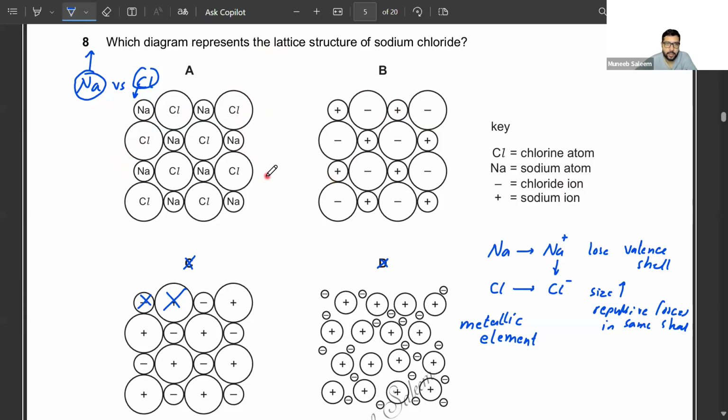So in both ways, A is incorrect because they should represent the sodium ions and chloride ions, and that should be the correct answer. On the other hand, the B says these are the cations and anions present, and their sizes are also correctly indicated. The cations are smaller and anions are bigger. So that's why B option is a correct option.